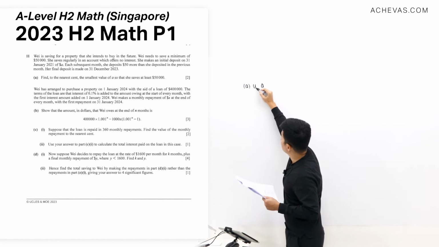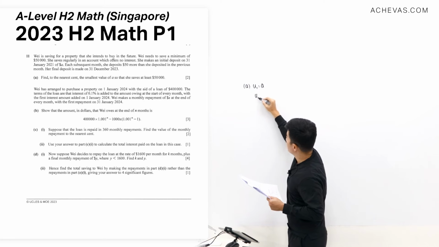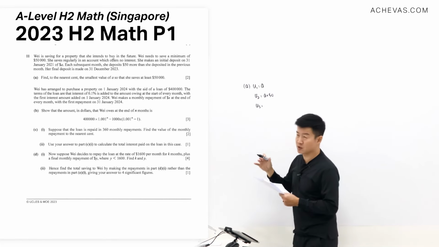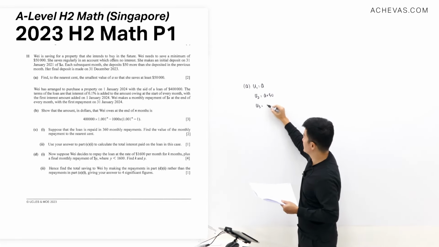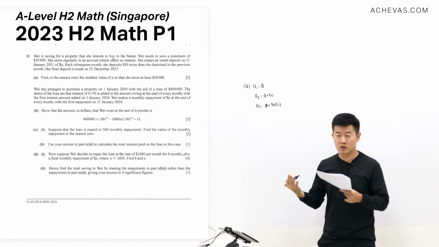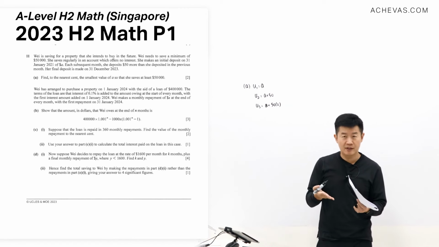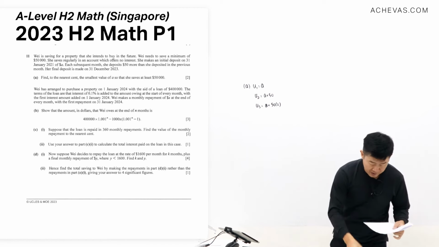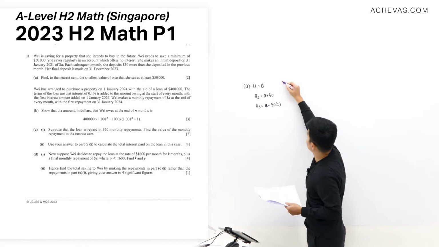For the first month, let's say U1 is going to be this. For the second month, it is going to be A plus 50, and for the next month, it's going to be 50 more than the previous, so it'll be this plus 50, then it will be 50 multiplied by 2. From one term to another term, it is a constant increment of 50. So what we are seeing here is an arithmetic progression. Let me write it down.